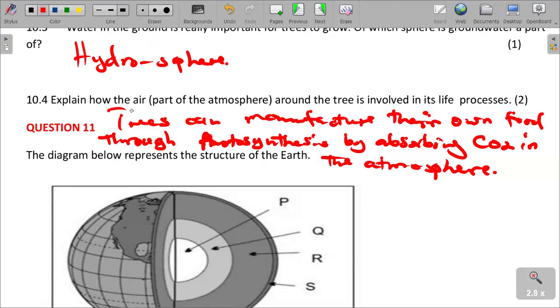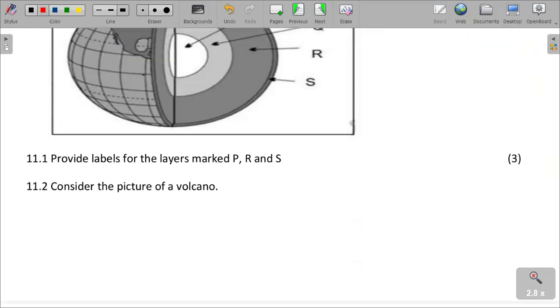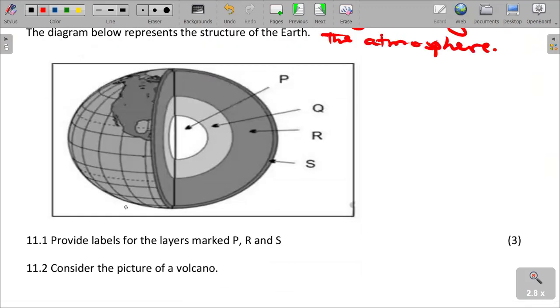In this case, we have the diagram representing the structure of the Earth, and we need to provide labels for the layers marked P, R, S. What is P? As we can see, P is the inner core, and R is the mantle.